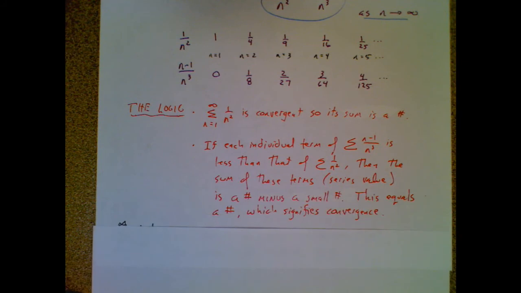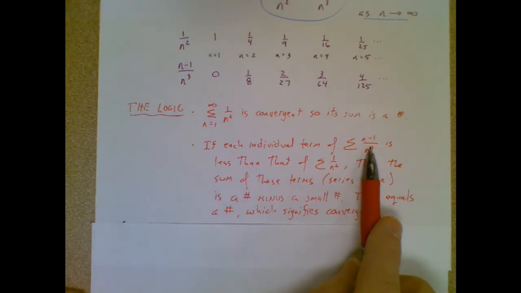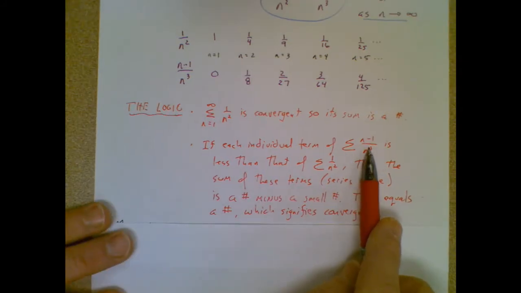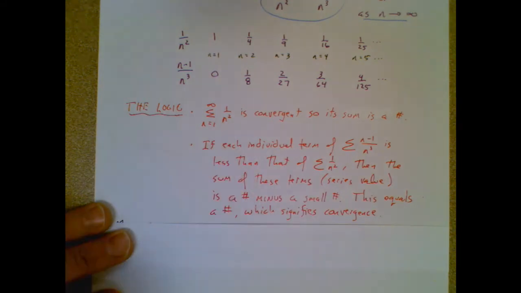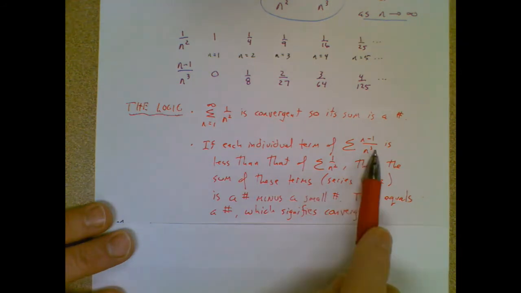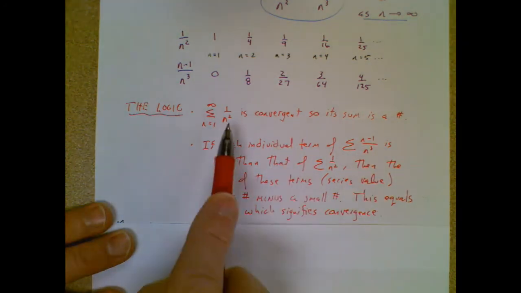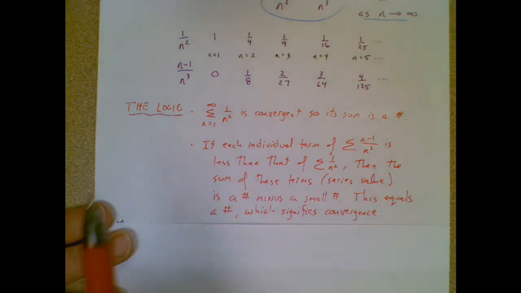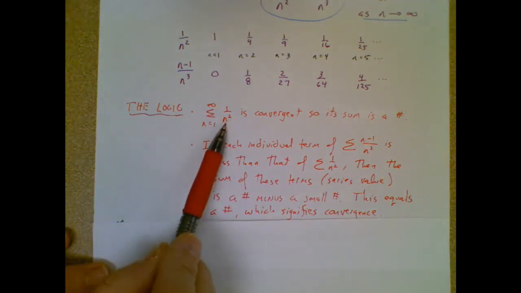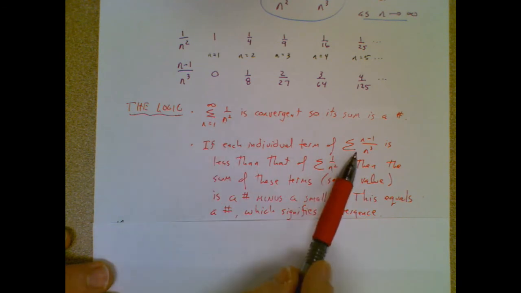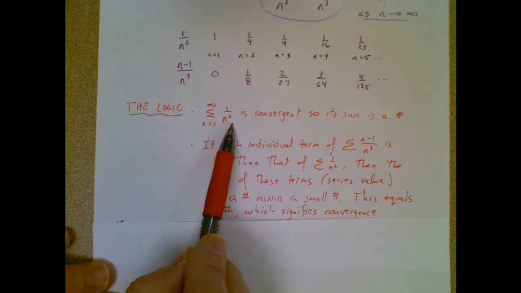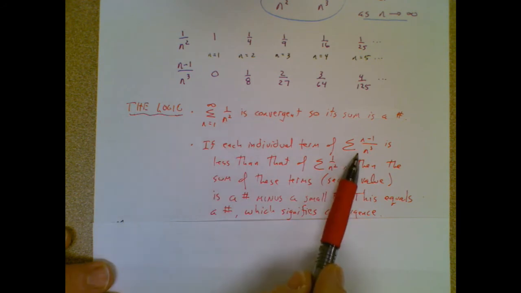If each individual term of the real series is smaller than that of the comparison series, then the sum of this series has to be smaller than the sum of this series. Well, if the sum of this series is a number, and the sum of this series is going to be smaller than that, then the sum of this series has to be a number.